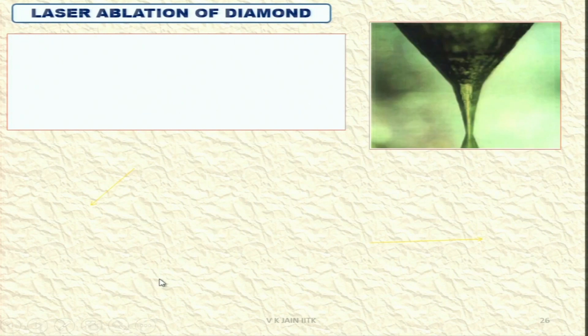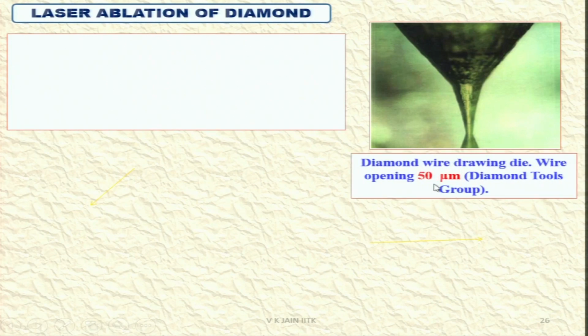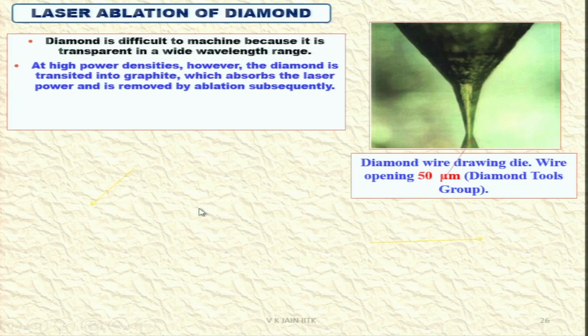Laser ablation of diamond. It is extremely difficult to cut or machine the diamond. Diamond wire drawing die. This die is made with diamond with 50 micron size. Diamond is difficult to machine because it is transparent in a wide wavelength range.